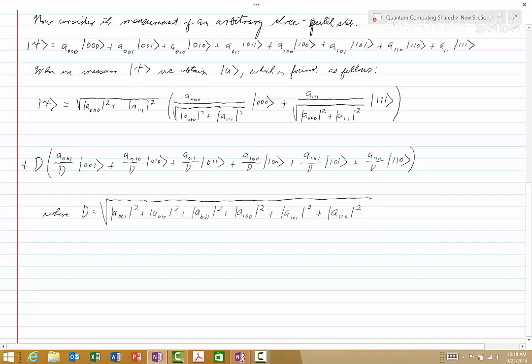So notice that we've divided both of these terms by that. And then to maintain equality with what we have up here, if we're going to divide those two terms by that, then we must also multiply them by that.